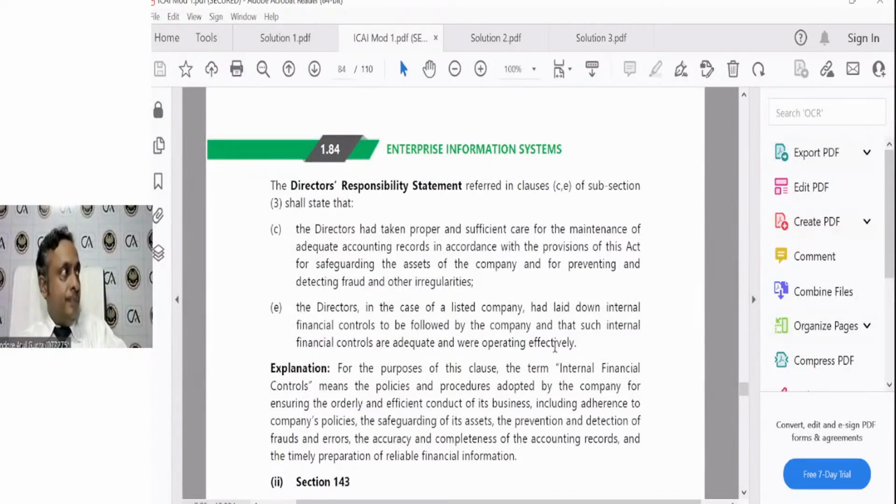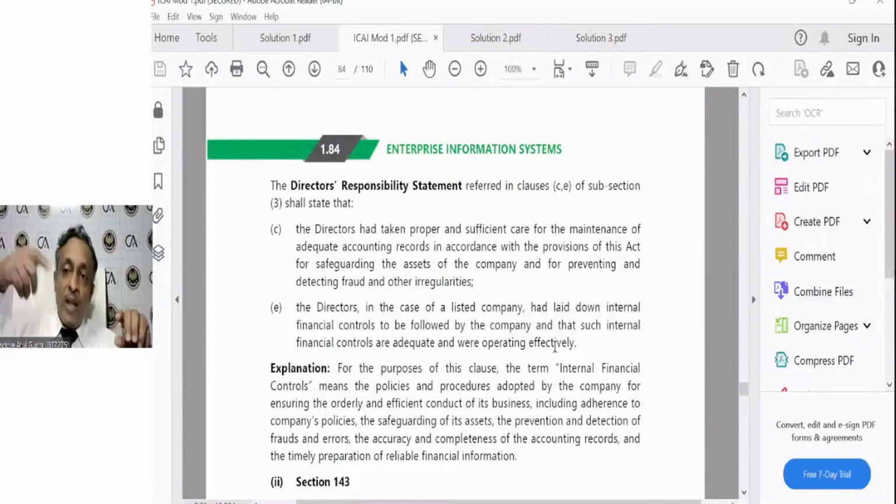Then, what is the directors' statement saying? I'm just reading this. Directors have taken proper and sufficient care for maintenance of adequate accounting records in accordance with the provisions of the Act, for safeguarding assets and for preventing and detecting fraud and other irregularities.